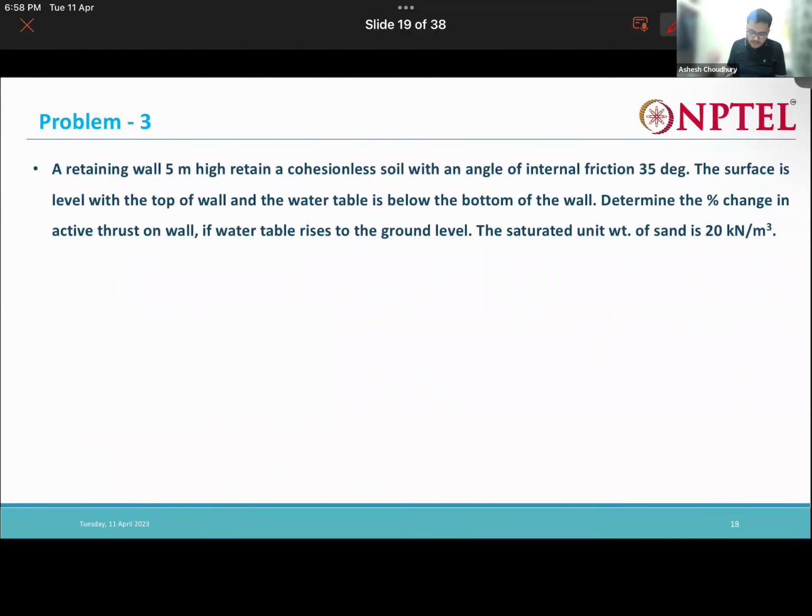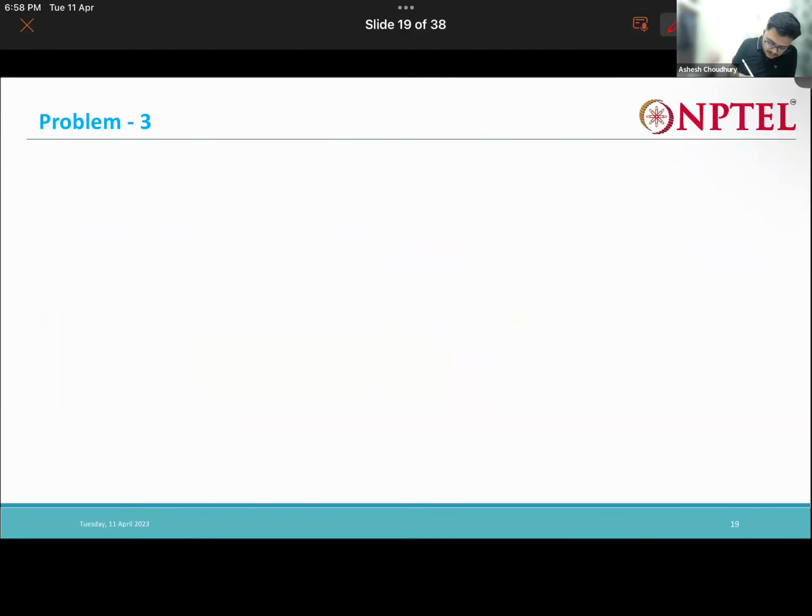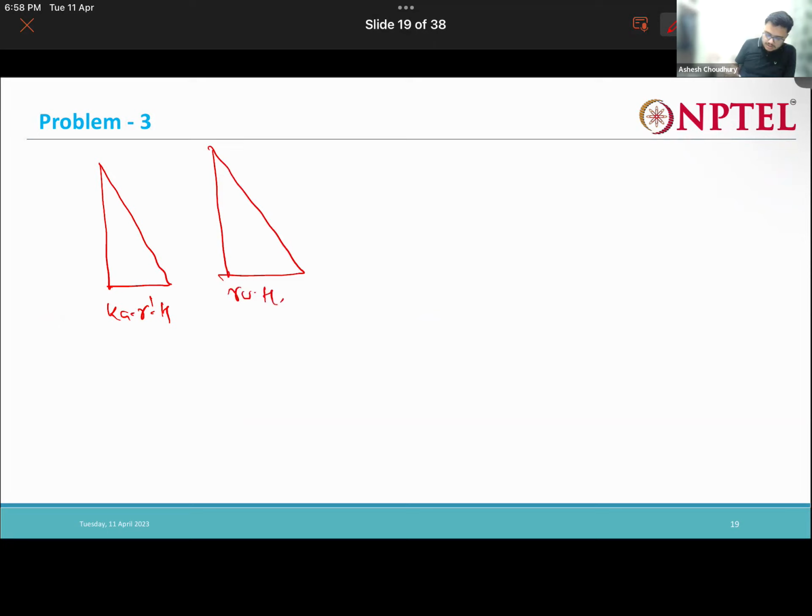The second case is when water is there at the top. So when water is there, P is equal to half into Ka into gamma into H squared.